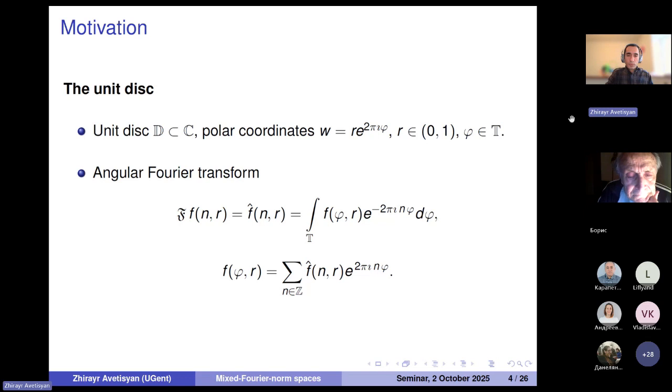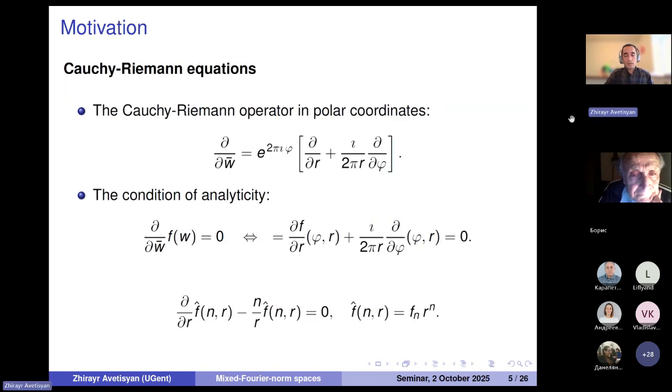All right. So now, as I said, we're going to discuss analytic functions, holomorphic functions. So the Cauchy-Riemann operator, which is d by dw bar, if w bar is the complex variable adapted to the standard complex structure, then d by dw bar is the Cauchy-Riemann operator.